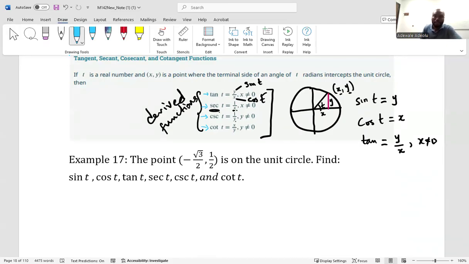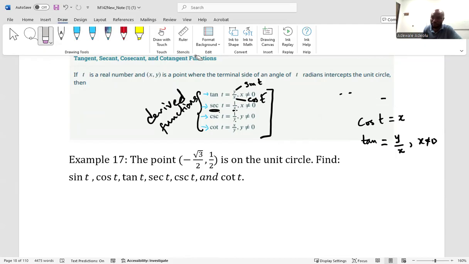So we have the definitions here. I don't know why I cannot erase this, but it's fine. So tangent of some angle t is y over x.